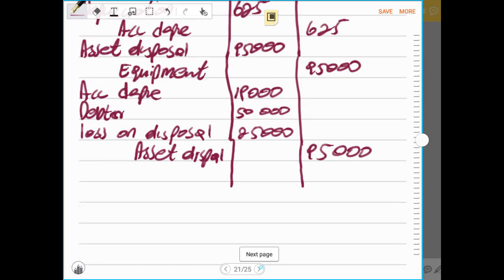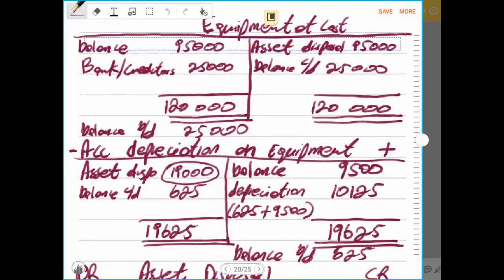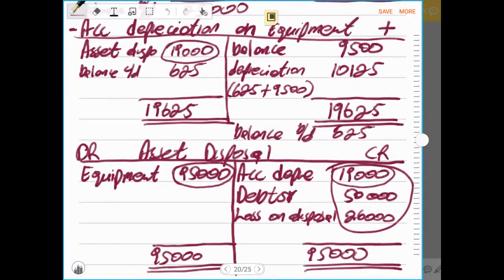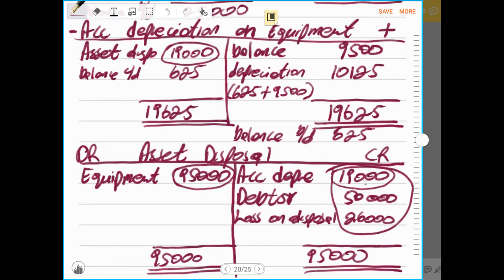Then after we come to the next journal entry and we check if there is any other journal entry that is still left. The 95,000 rands of the cost of the asset was recorded. The accumulated depreciation has been recorded. The debtor 50,000 is recorded. The loss is recorded. And if this 95,000 is recorded, it means that the 19,000 on the debit side of the accumulated depreciation is also recorded.